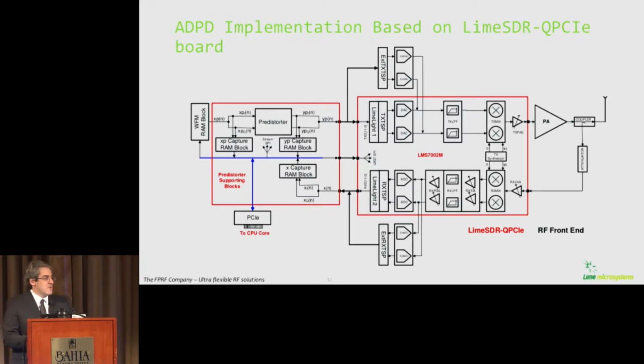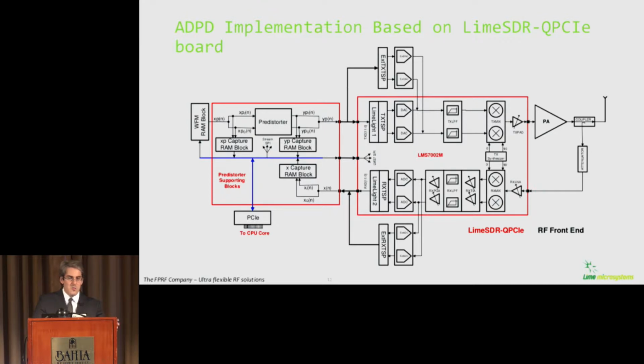Conversion from baseband to RF is done by the LMS7002 chip over its transmitter path. Down conversion from RF to baseband is done using the receiver path. In fact, there is one receive path called the ADPD monitoring path.